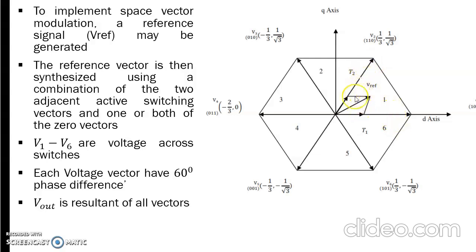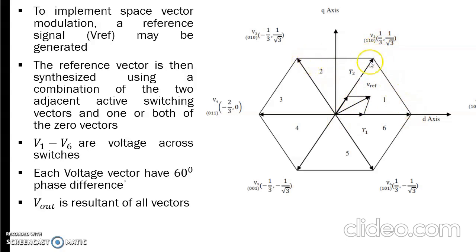Like that, the resultant vector you can write. Here it is V6, V5, V4, V3, V2 and V1. So it is these two voltages, V1 and V2. The resultant vector is the resultant of this V1 and V2.